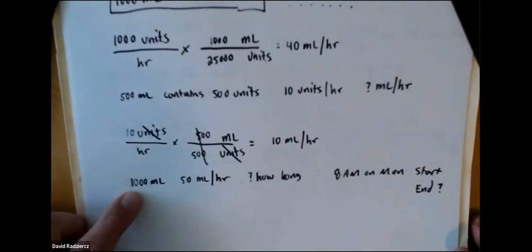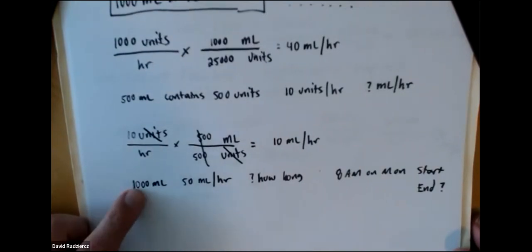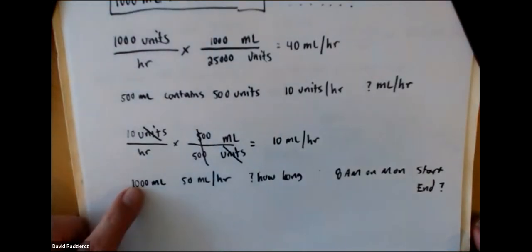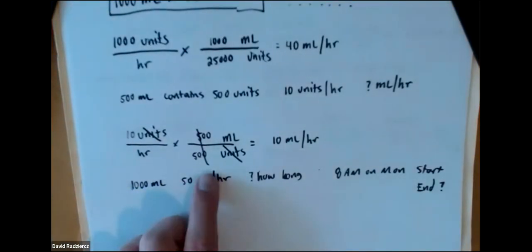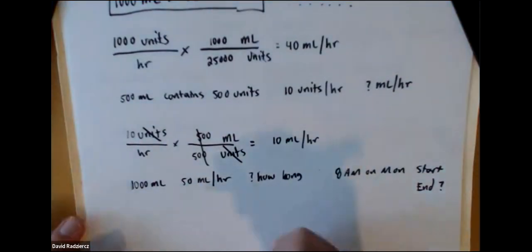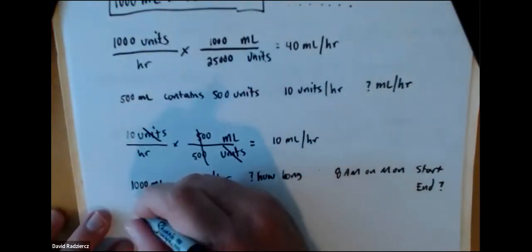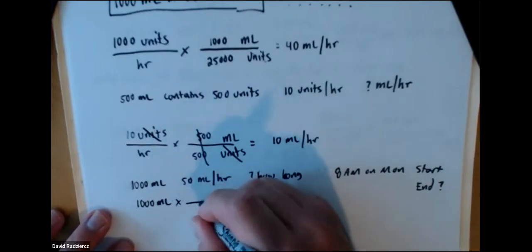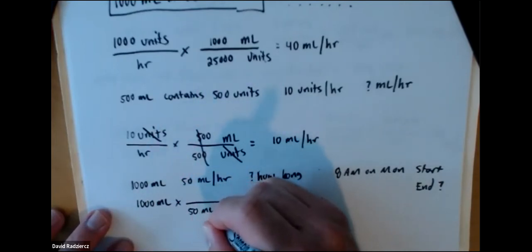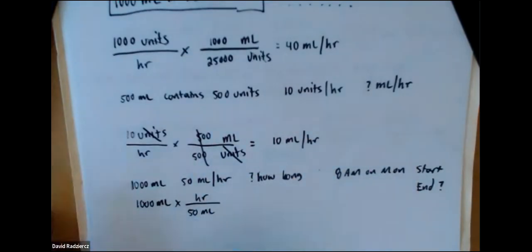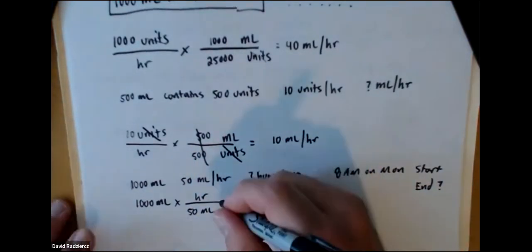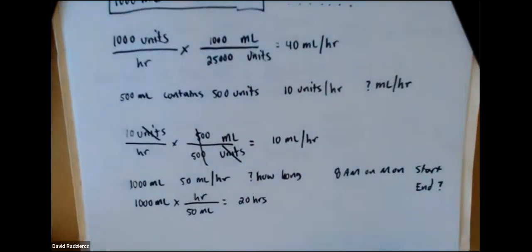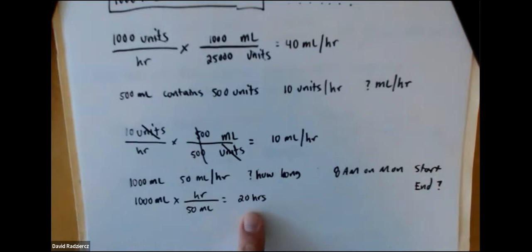So first thing is I need to figure out how many hours it's going to take to drain this 1,000 milliliter IV if it's infusing at 50 milliliters per hour. The simple way of doing that is just taking the 1,000 milliliters and dividing by the 50 milliliters per hour. You'll get 20 hours. So we know how long.